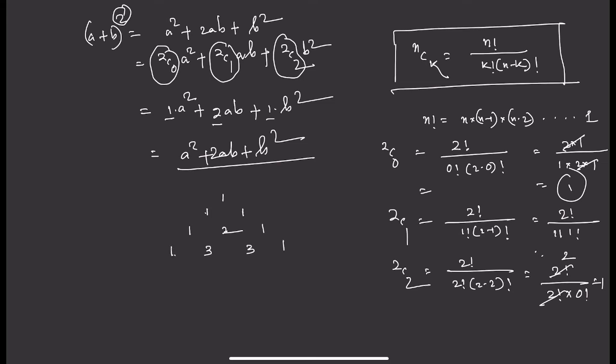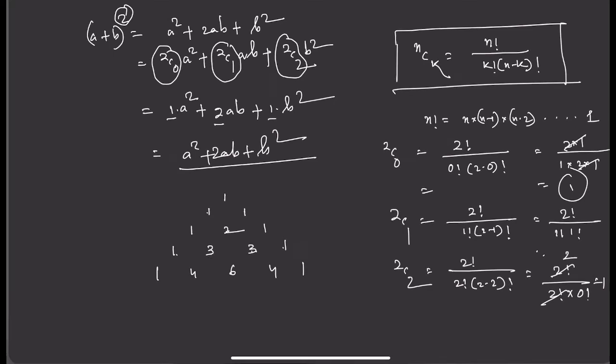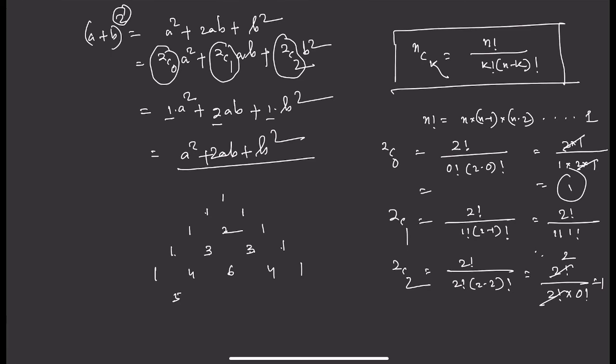Again 3 plus 1 is equal to 4. 3 plus 3 is equal to 6. 3 plus 1 is equal to 4. Again 1, 1. Again you put 5. 4 plus 1, 5. 6 plus 4, 10. Again it is 10. Again it is 5. You put 1, 1. This is called Pascal triangle.